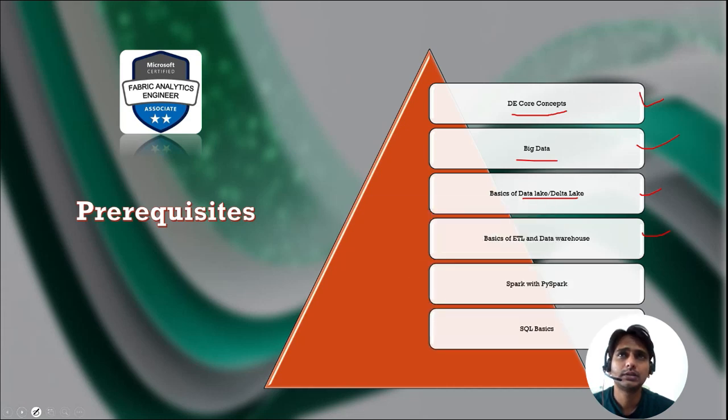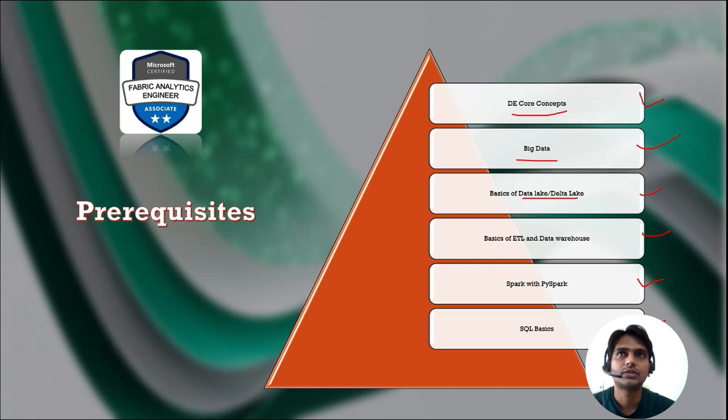And SQL, I think as a data engineer, there is no exception. You need to have at least an intermediate level of SQL knowledge, and that is a fair expectation, I would say. So these are some of the prerequisites that you need to have. Don't worry if you don't know any one of these, you can still put in the effort, but the difficulty level of the exam will be a little high if you are not familiar with them, right?